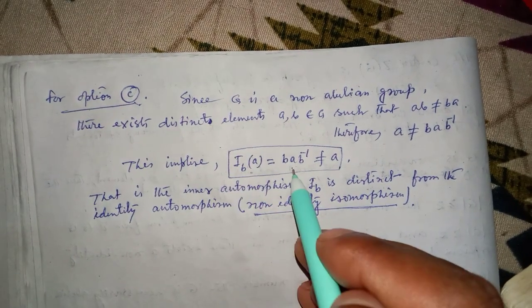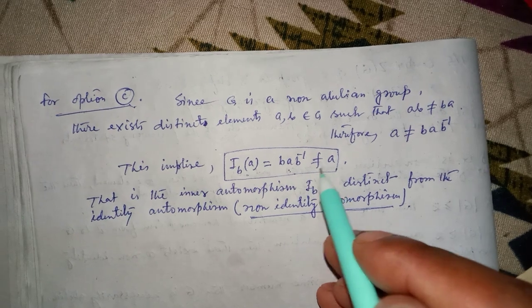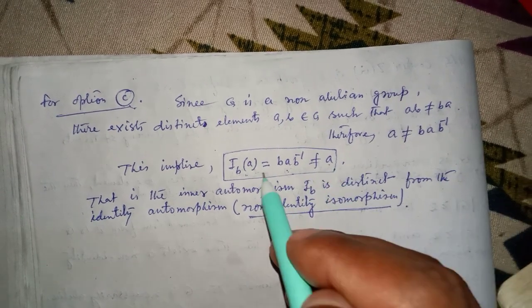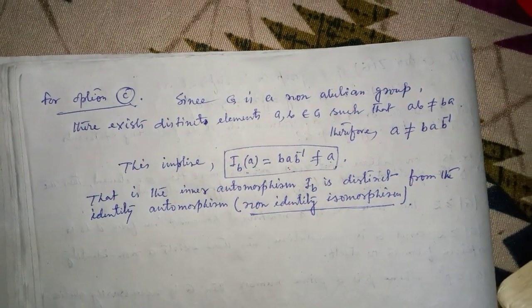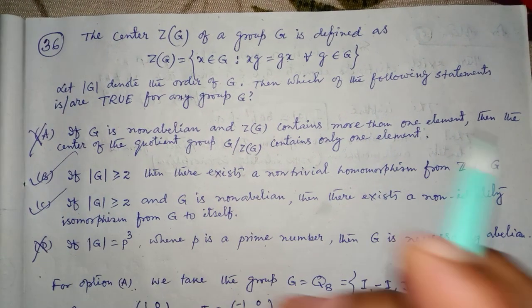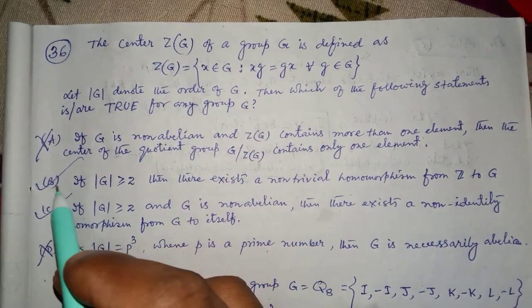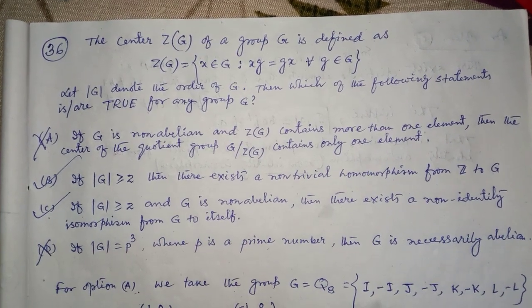This is an inner automorphism, an isomorphism which is not equal to the identity isomorphism. So option C is true. So options B and C are true. Thank you.